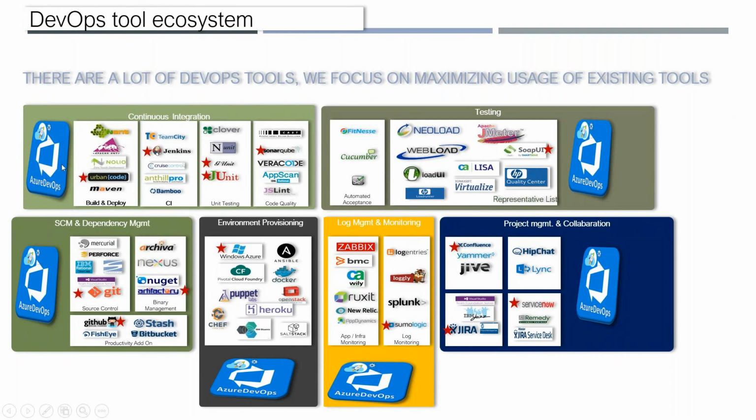So how are we going to learn here? I'm going to explain and do labs in front of you for all the features of Azure DevOps along with other tools as well, because you need to know how to integrate with other tools.